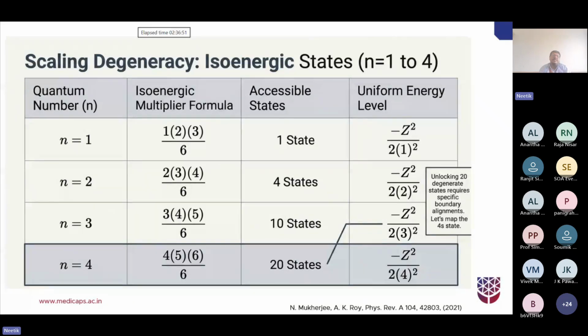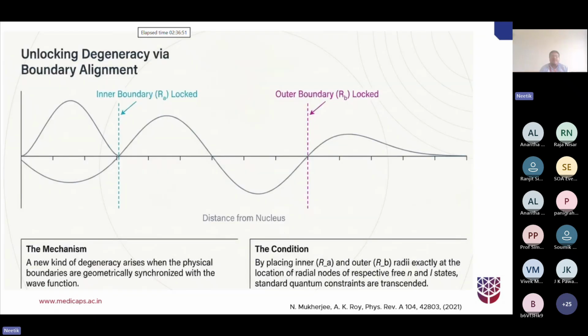If we see this table, it is easier to explain that with an increase in n, the number of isoelectronic pairs is increasing. Let us take it pictorially. We have chosen the 4s state here. The 4s state has 3 nodes.